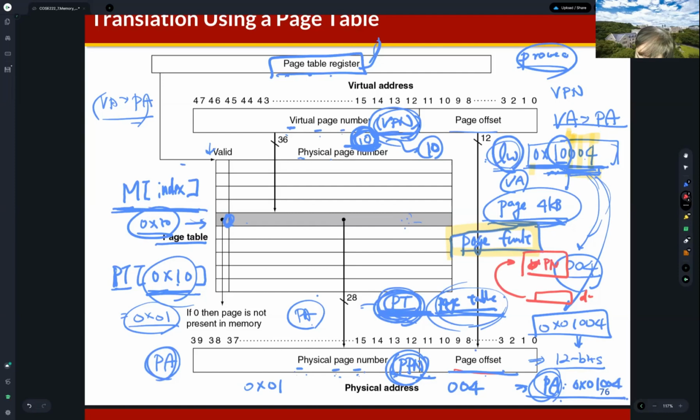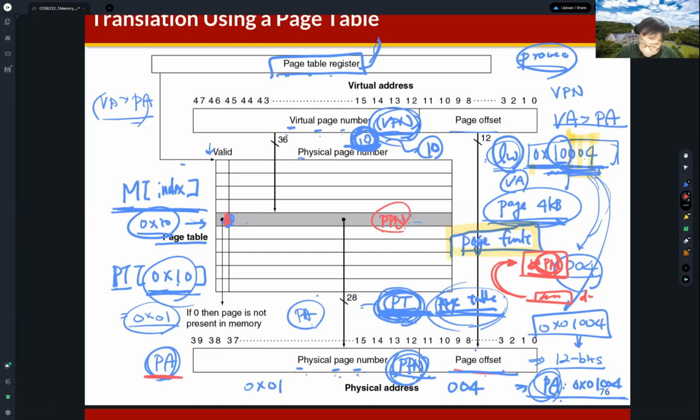Once this page is transferred to the physical memory, it becomes valid, and we can get the physical page number for this virtual page number, and then we can get the physical address.